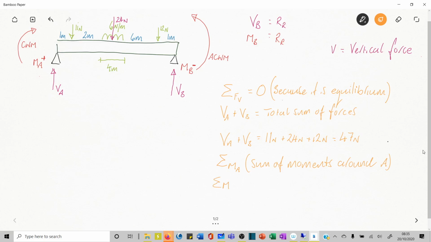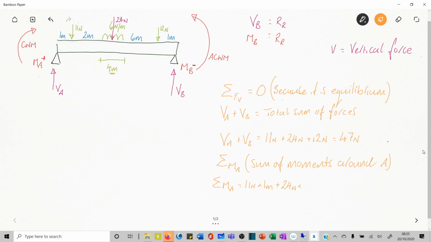So the total sum of moments around A equals 11 newtons times 1 meter plus, don't forget we've converted the UDL into a point load, so it is now 24 newtons times 5 meters. Where the UDL is, it says 4 meters.